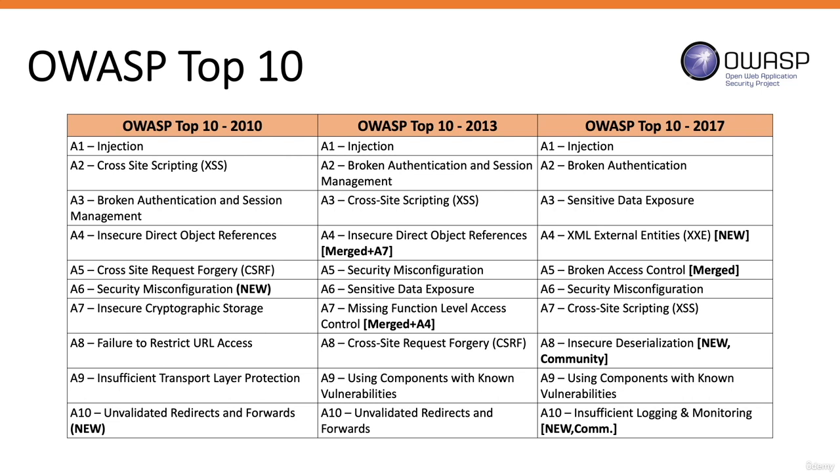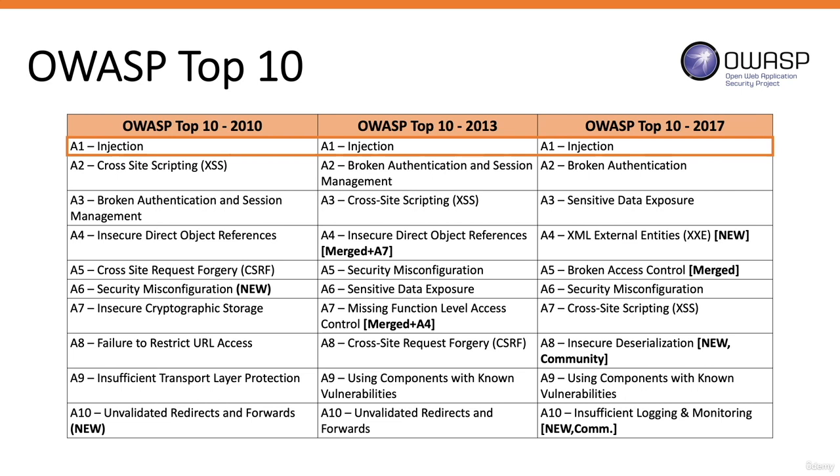Now, SQL injection vulnerabilities fall under the first most critical risk to web applications, so they fall under the injection category. However, it's worth mentioning that this covers all injection vulnerabilities, not just SQL injection vulnerabilities.